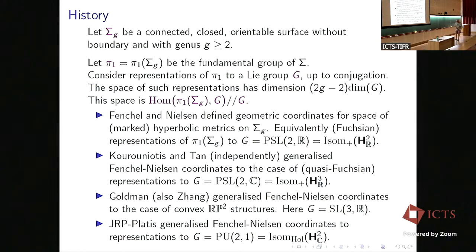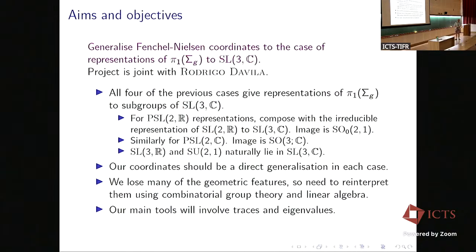So what I want to do is think about representations to SL3C, and we're going to sit all of those previous generalizations inside SL3C, and then we're going to just do one construction of Fenchel-Nielsen coordinates once and for all. We're going to see how all the previous ones fit together, and they actually fit together in an incredibly beautiful way. But we want to also check that our construction actually really does reproduce the coordinates that were produced in these other generalizations.